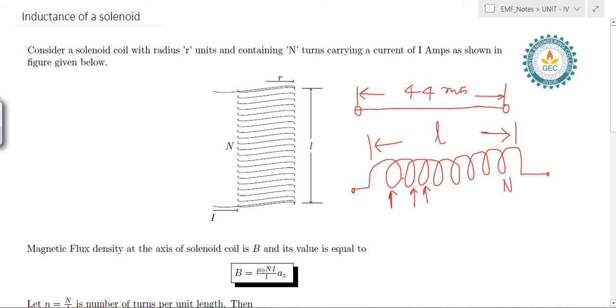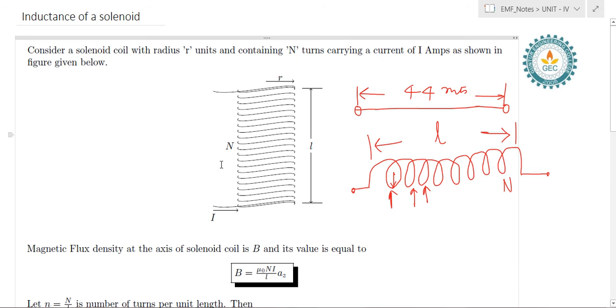Let R be the radius of the circular coil. Here each circular coil will be having equal radius. So this R we call the radius of the solenoid.